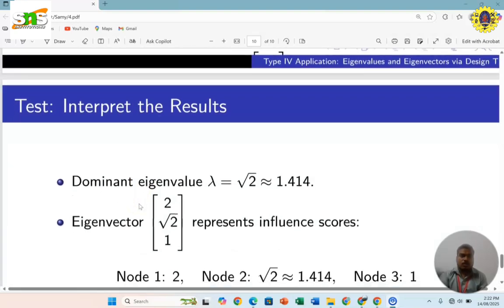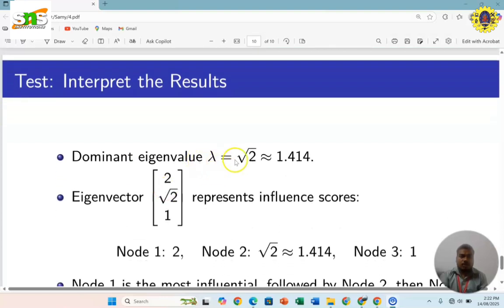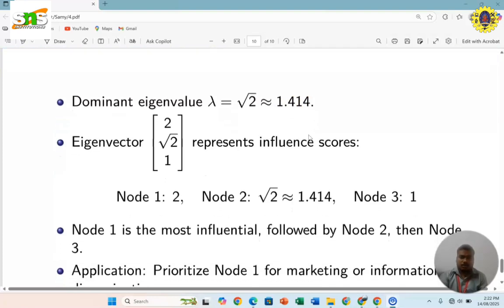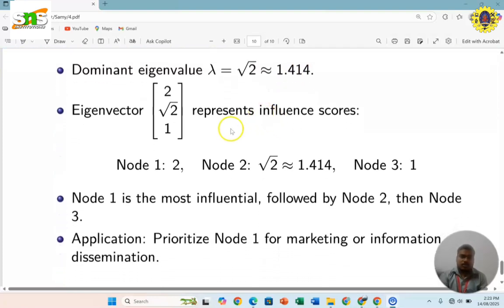So for the dominant eigenvalue lambda equal to root 2, approximately 1.414, the corresponding eigenvector represents the influence scores.